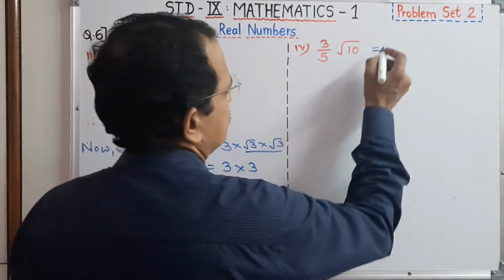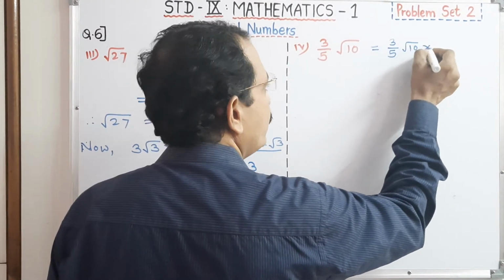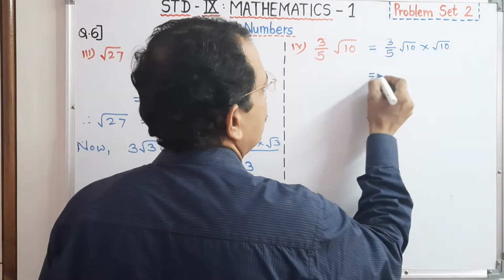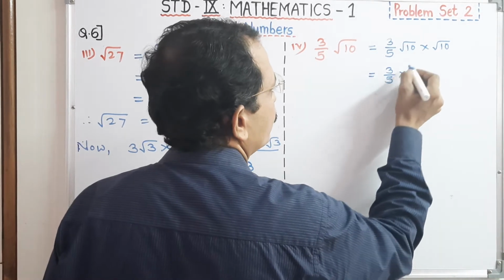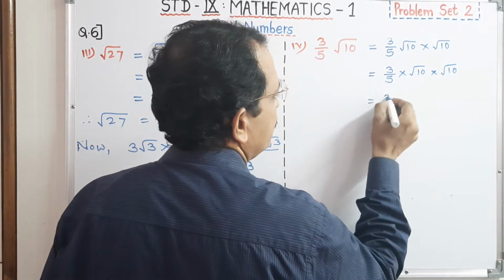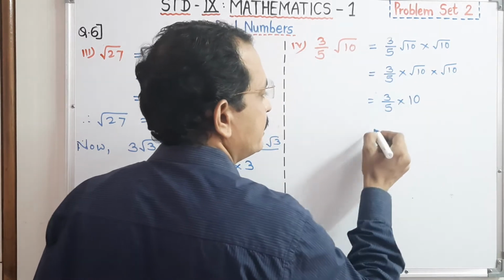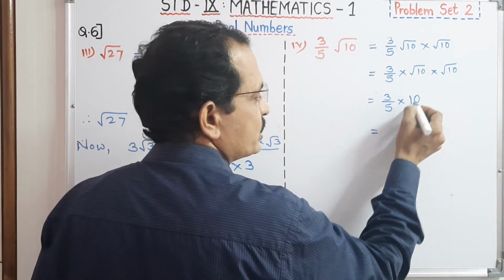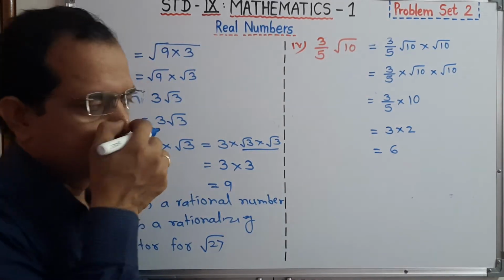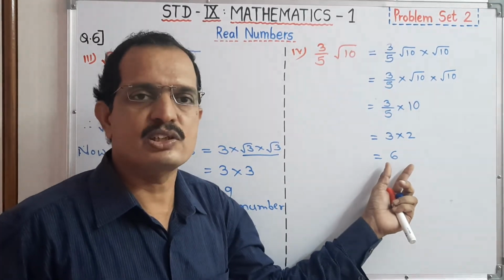rationalizing factor? Very easy. If we write here 3 upon 5 root 10 into root 10, then what will we get here? 3 upon 5 into root 10 into root 10. Now see, root 10 into root 10 is 10. Now 5 2s are 10, therefore 3 into 2, it is 6. That means if we multiply this surd with root 10, we get 6 as a rational number.